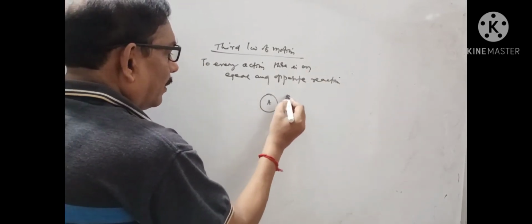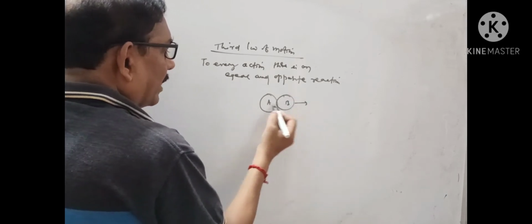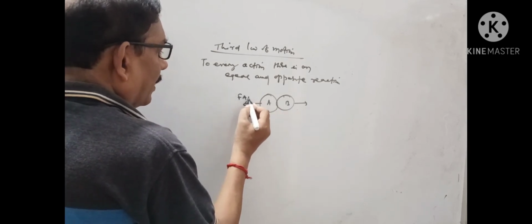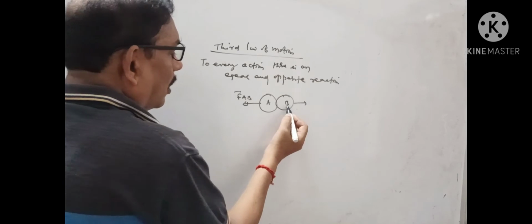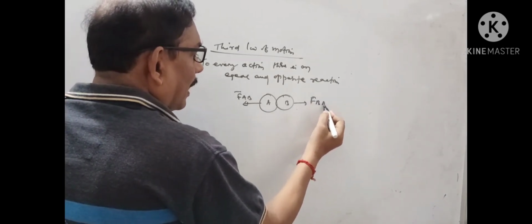Two bodies A and B. The force exerted on A by B is FAB, and the force on B exerted by A is FBA.